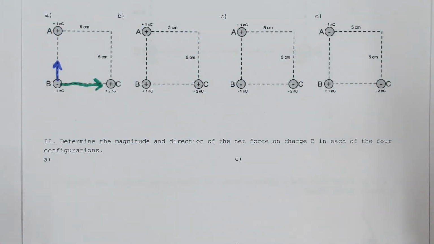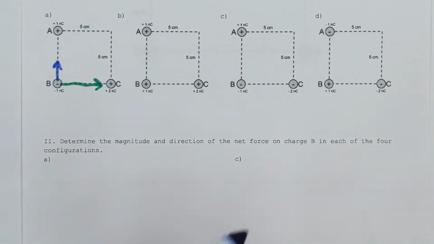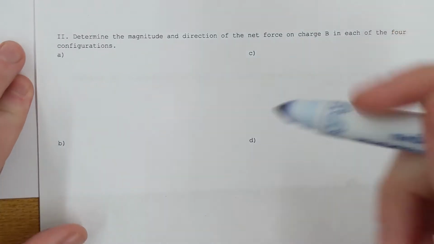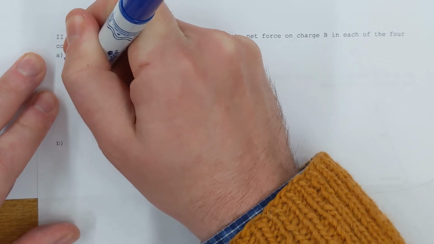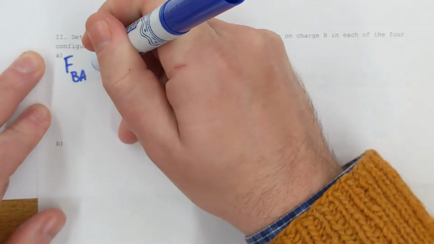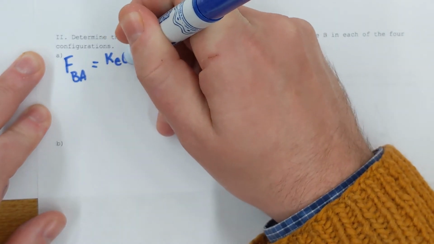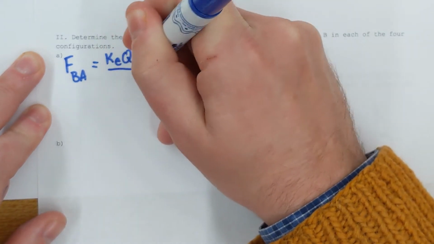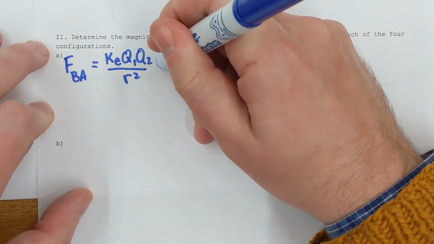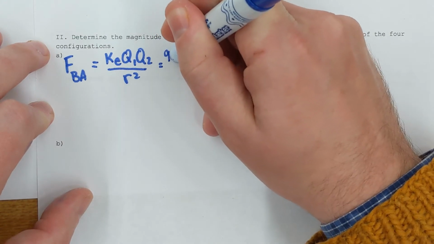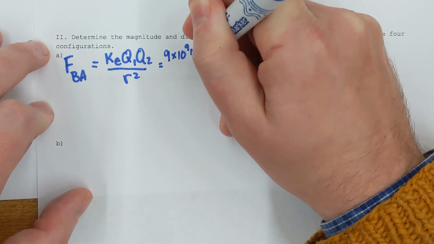So let's see how big the force between A and B will be, the force on B due to A. We can call it FBA, and using Coulomb's law it is going to be KE Q1 Q2 over the distance between them squared. What is KE? Well, we know it is 9 times 10 to the positive 9 newton meters squared per coulomb squared.